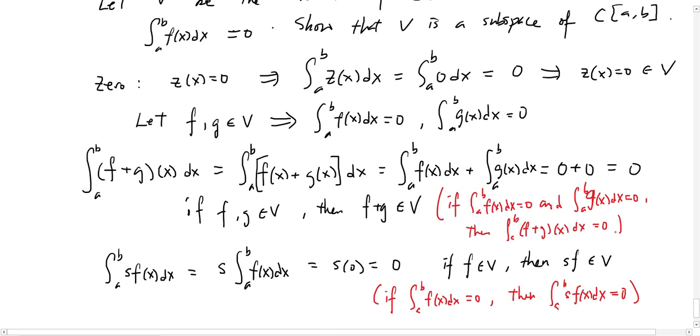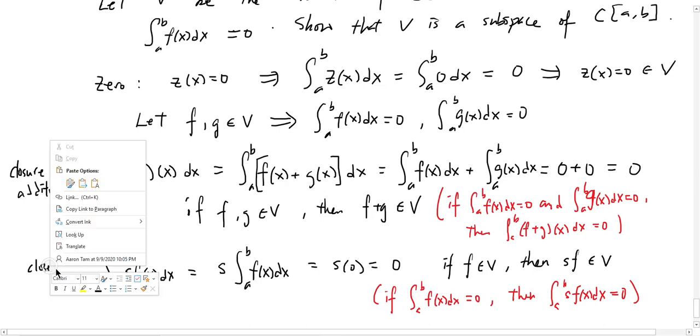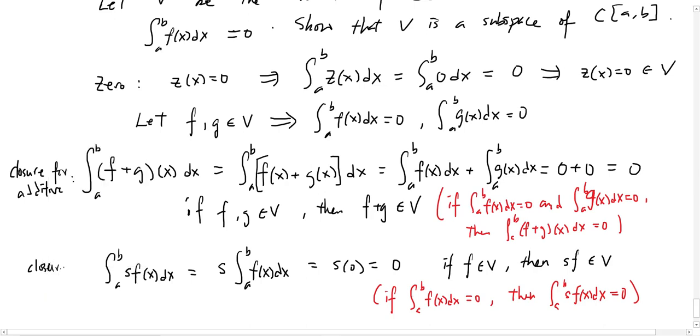So those are what we did. Now that we showed it must equal 0, it has closure for addition. It has additive closure, and it also has closure for scalar multiplication.